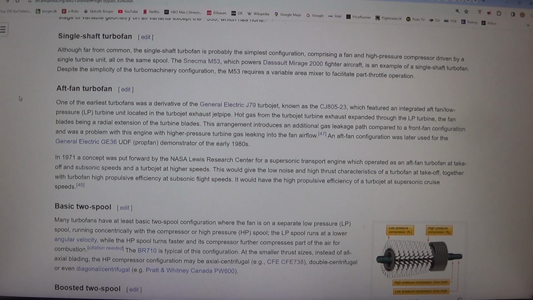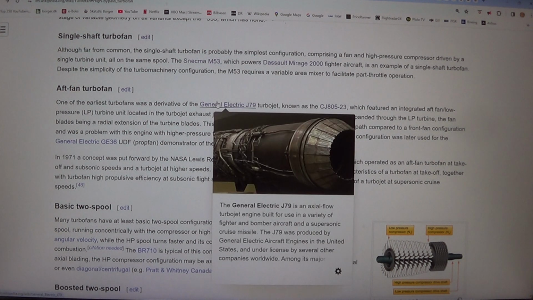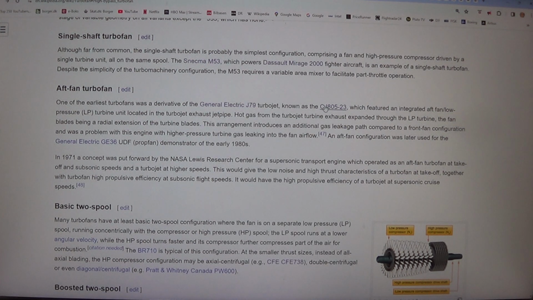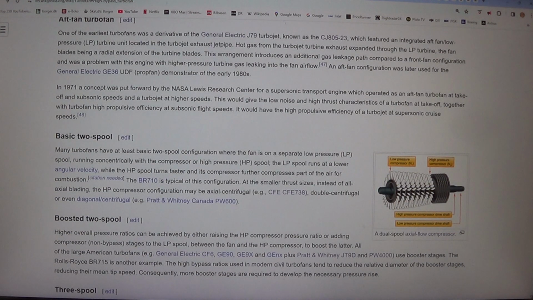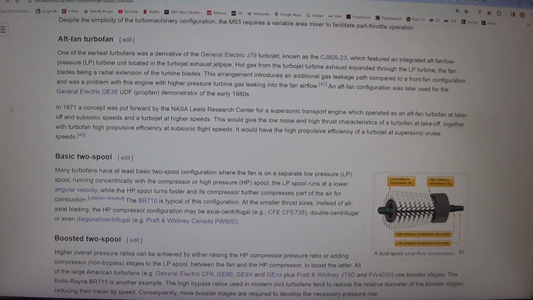Aft fan turbofan. One of the earliest turbofans was a derivative of the General Electric J79 turbojet, known as the CJ805-23, which featured an integrated aft fan/low pressure, LP, turbine unit located in the turbojet exhaust jet pipe.